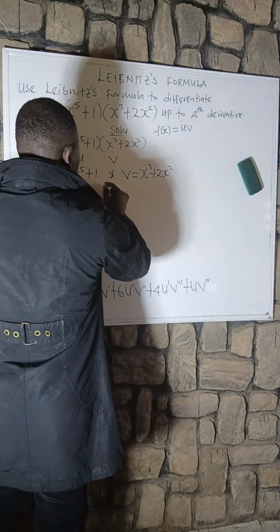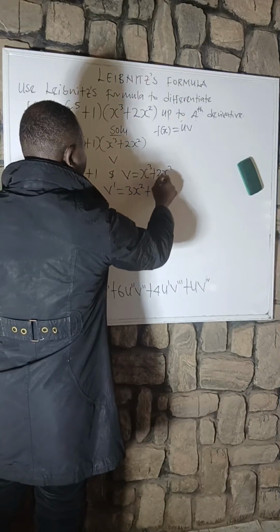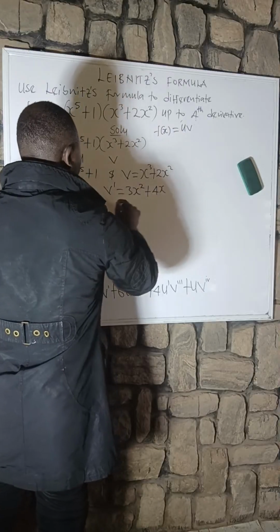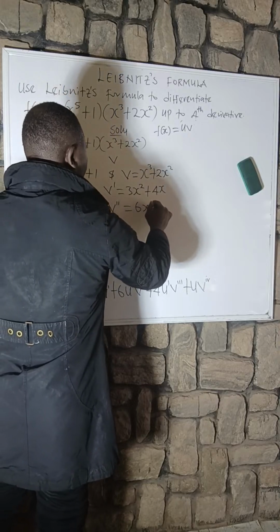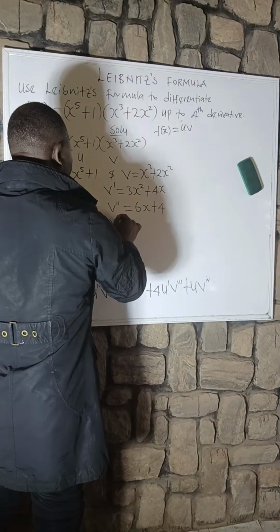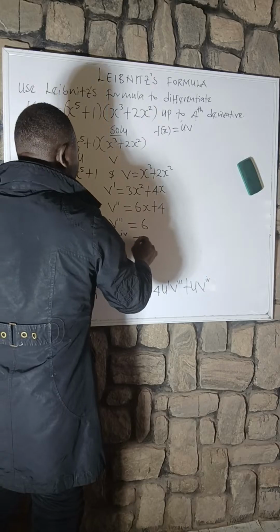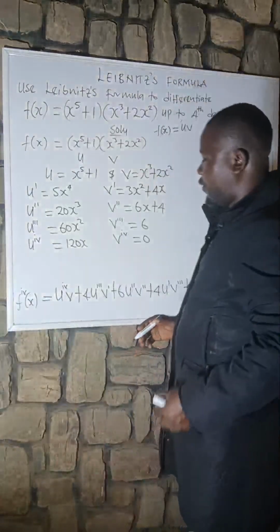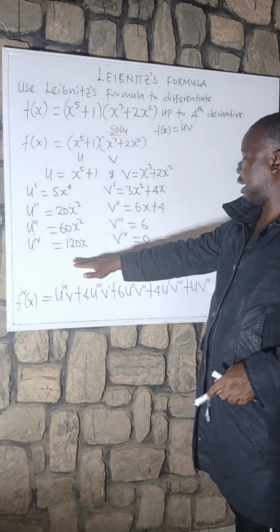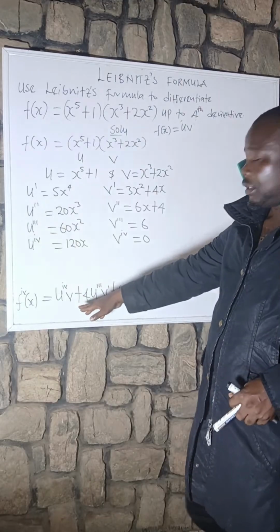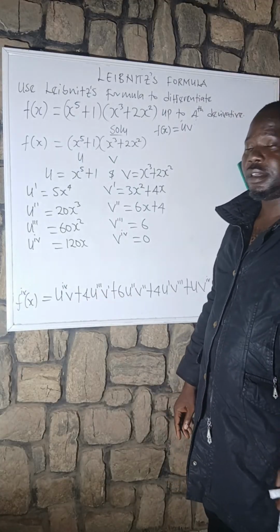Then v, the same thing, v prime is going to give us 3x squared plus 4x, and v double prime is going to give us 6x plus 4. Then v triple prime is going to give us 6. Then v^(iv) is going to be 0. True or false? So what is added here again is just for you to substitute in these values irrespective of their order, derivatives. That is all.